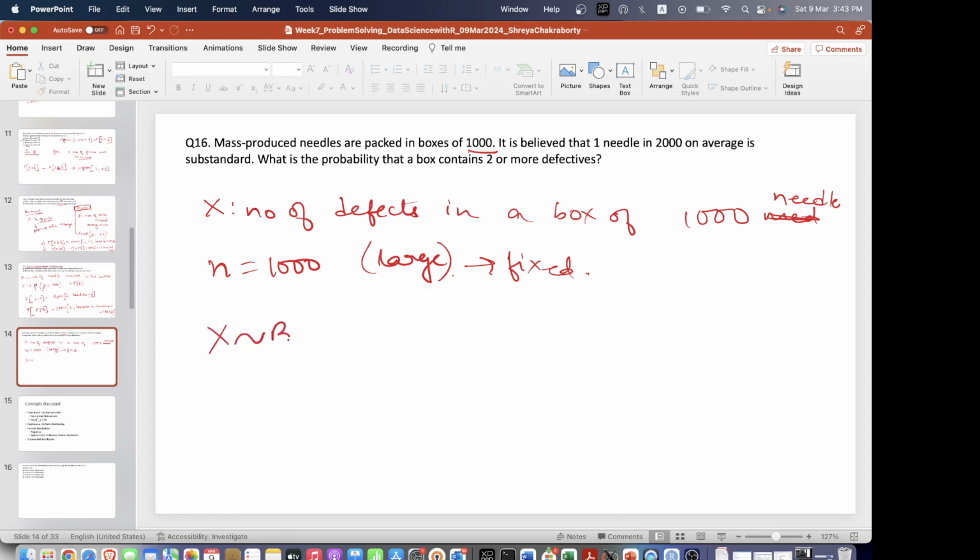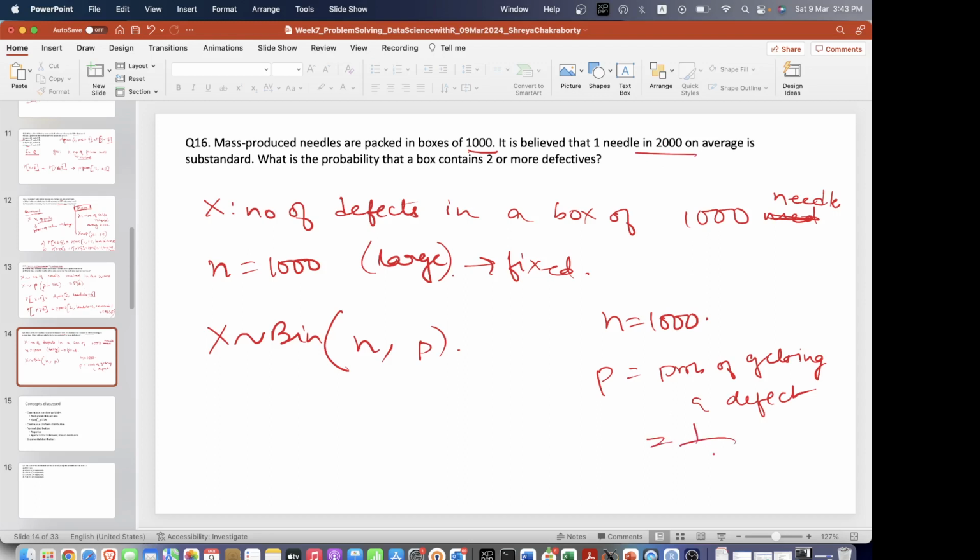So then X follows a binomial N and P, where N is 1000 and P is the probability of getting a defect, and that is given here. One needle in 2000 on average is substandard. So this is 1 by 2000. So you can write this as binomial 1000, 1 by 2000.